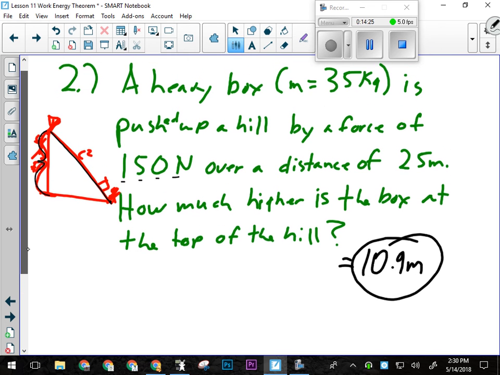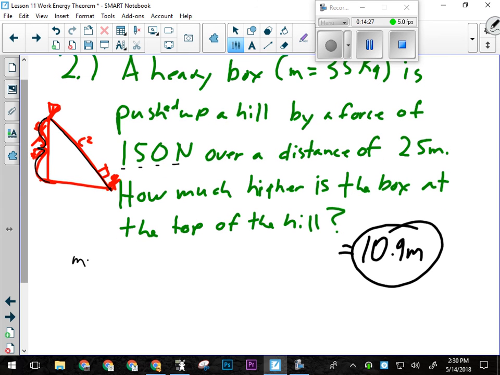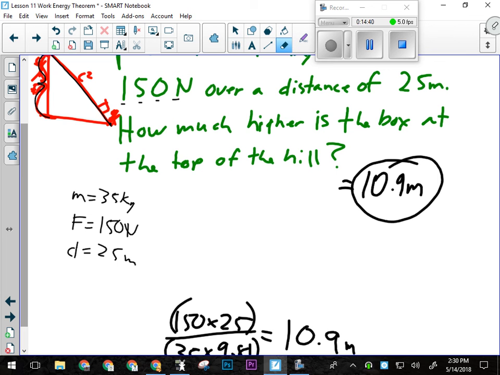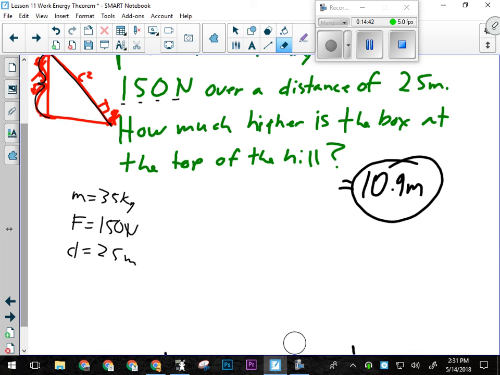All right, so my givens were, okay, that I have a mass of 35 kilograms, a force of 150 newtons, okay, a distance of 25 meters, all right, and I know that g is 9.81. All right, so that means then that I've got work being a change in potential energy.